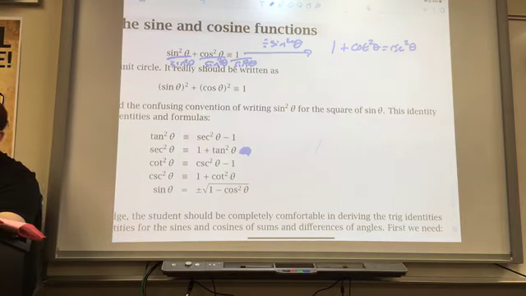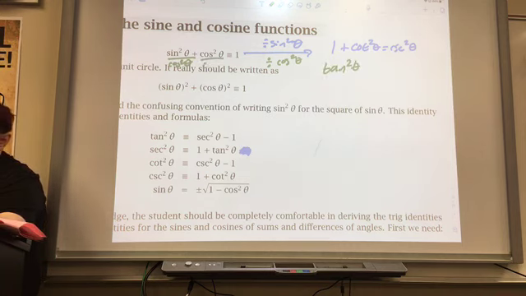Okay. Now, take that same thing, guys. Divide everything by cosine squared. What's sine squared divided by cosine squared? Tangent squared. And what's 1 divided by cosine squared?